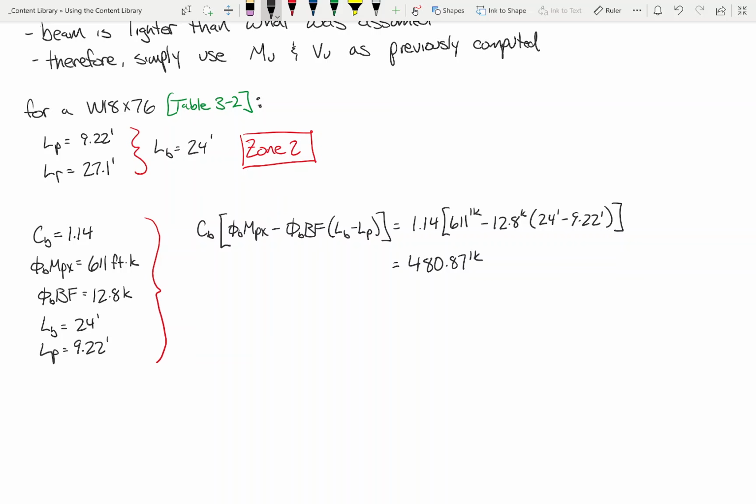Second? Okay. So, PMN is the minimum of, and again, I'm lazy, so this is sort of how I write it.